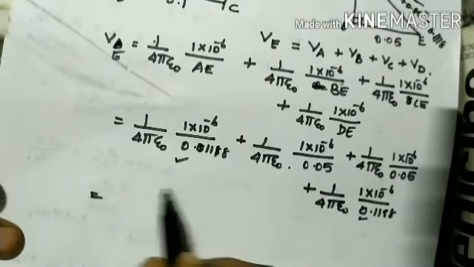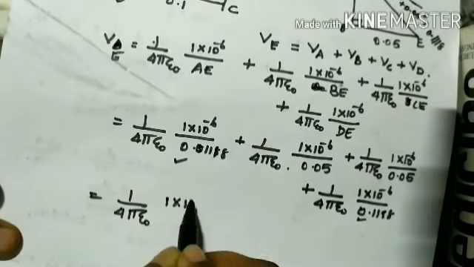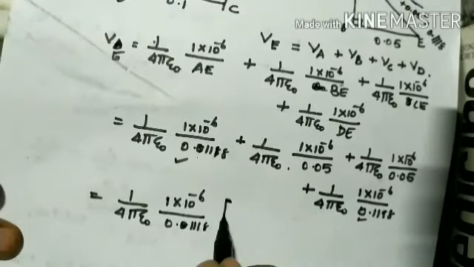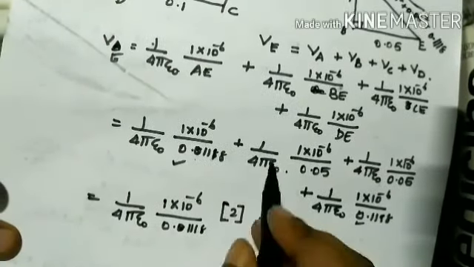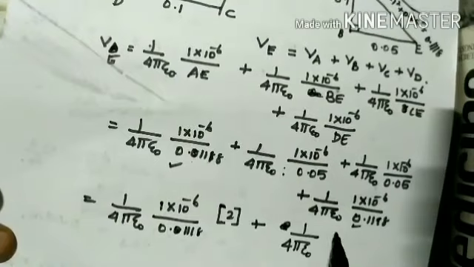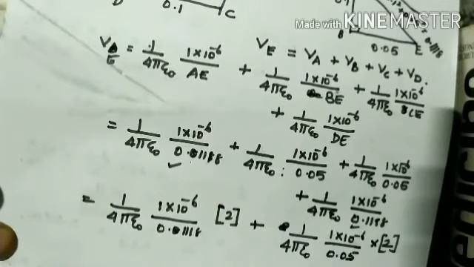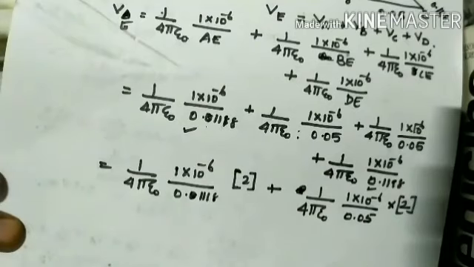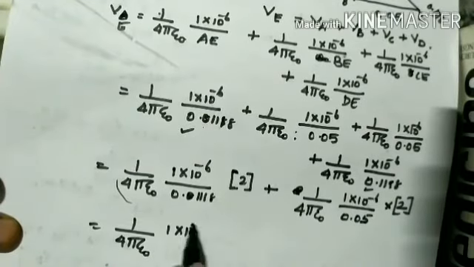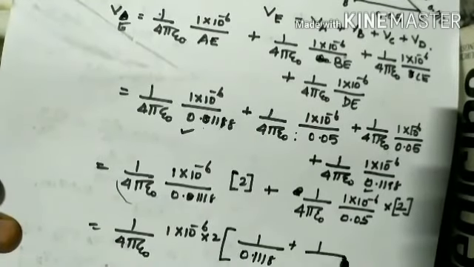It's easy if you put the common things on one side. This and this term are the same, so 1 by 4 pi epsilon naught 1 into 10 to the power minus 6 appears twice, over 0.1118, so 1 plus 1 becomes 2. Plus this and this again twice, so 2 into 1 by 4 pi epsilon naught 1 into 10 to the power minus 6 over 0.05.